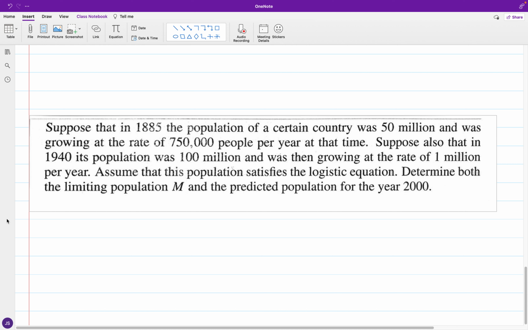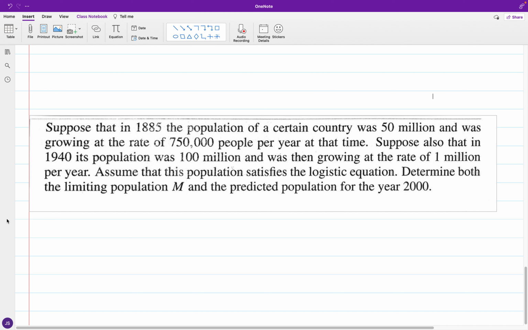And suppose also that in 1940 its population was 100 million and was then growing at the rate of 1 million per year. Assume that this population satisfies the logistic equation and determine both the limiting population M and the predicted population for the year 2000.